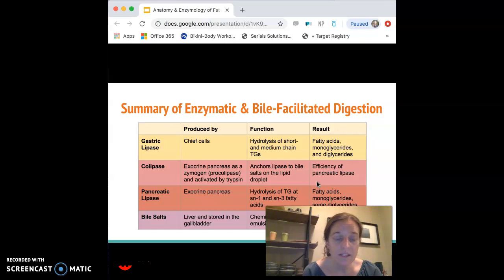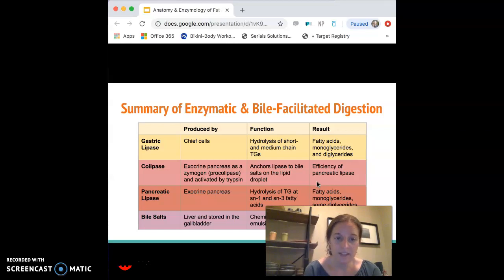Now, colipase is produced by the exocrine portion of the pancreas, and interestingly enough, it is released as a zymogen, an inactive enzyme. In this case, it's called procolipase. Within the small intestine, it's activated by trypsin, which we know is also very much involved in the digestive processes and the digestive enzymes in the small intestine.